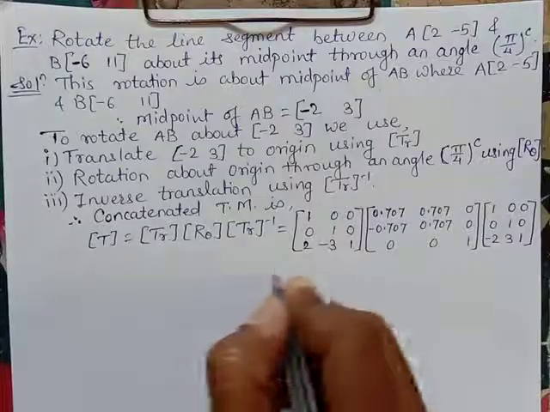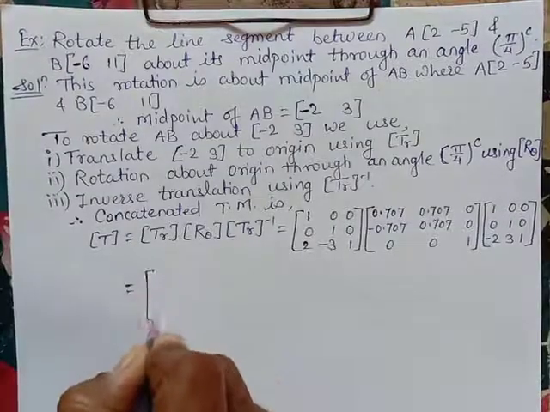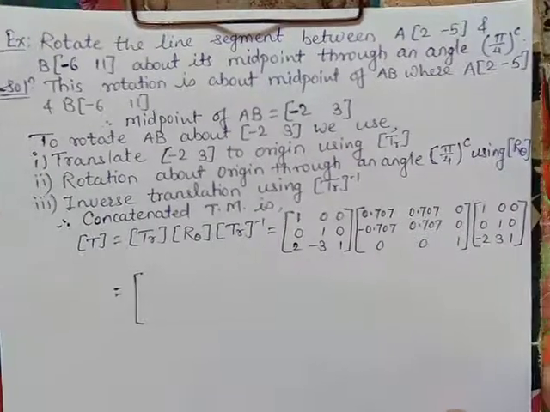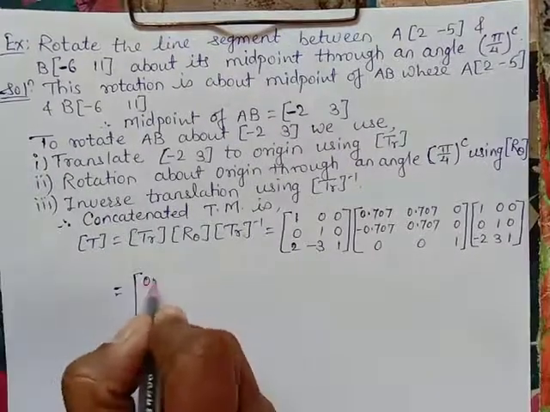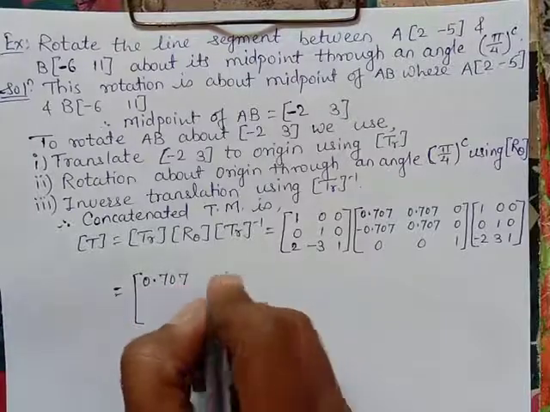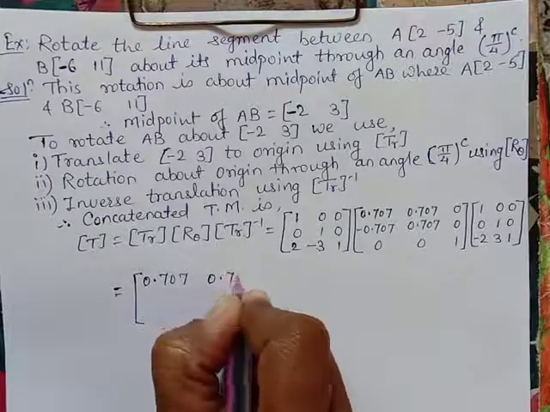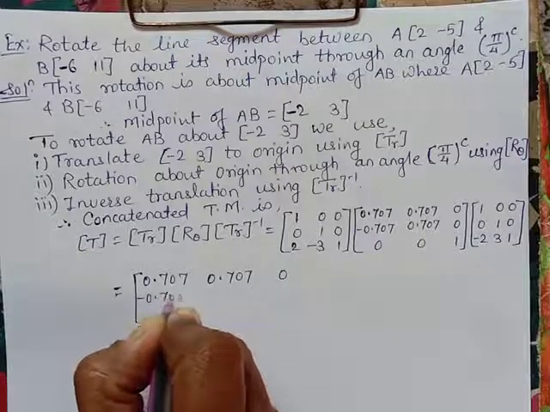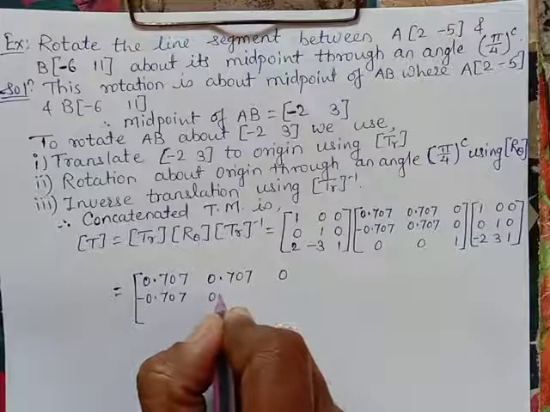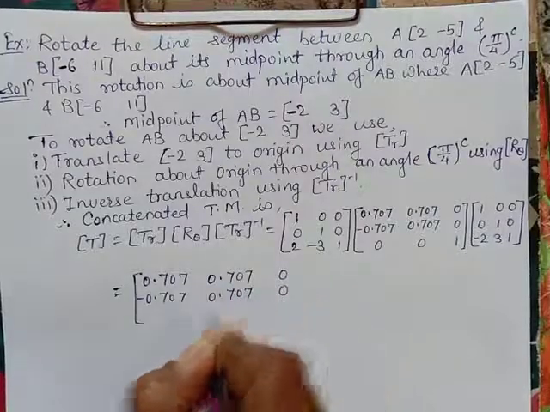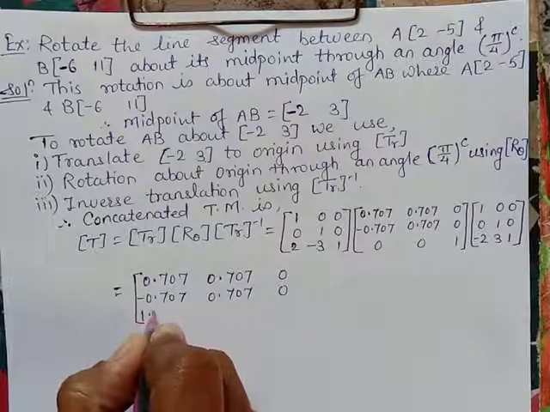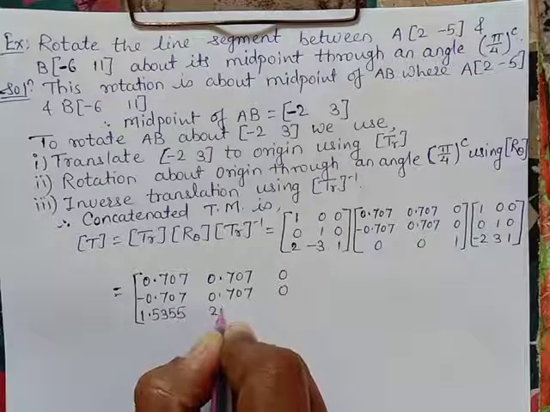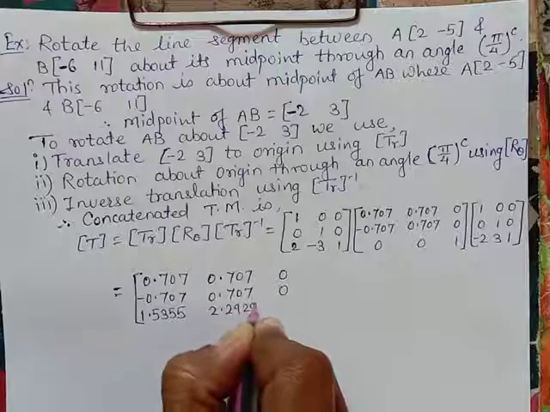Okay, this product will give the concatenated transformation matrix, and that will be 0.707, 0.707, 0, minus 0.707, 0.707, 0, this is 1.5355, this is 2.2929 and 1.